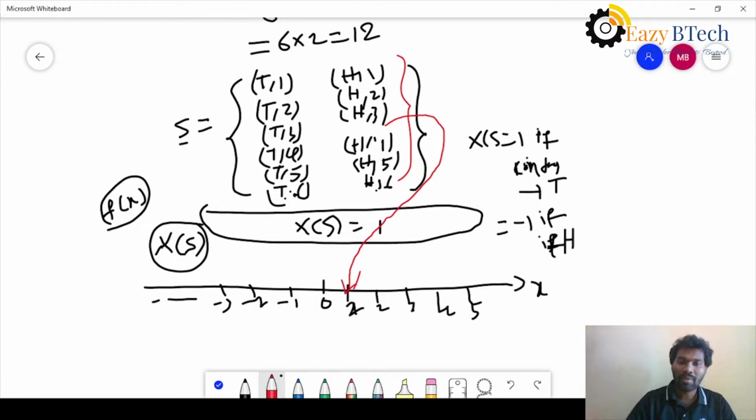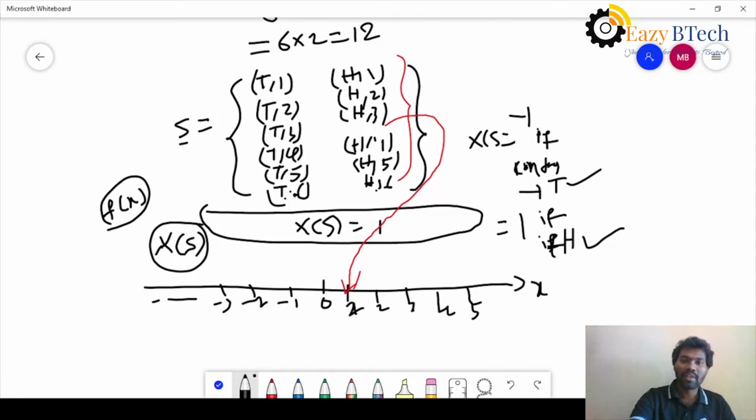So the mapping is done when the head is there. Similarly, if tail is coming, what is my value? Whatever it may be, you can define it in any number of ways, but for timing I am defining it like this: X of s equal to minus 1 if it faces tail, and X of s equal to 1 if it faces head.